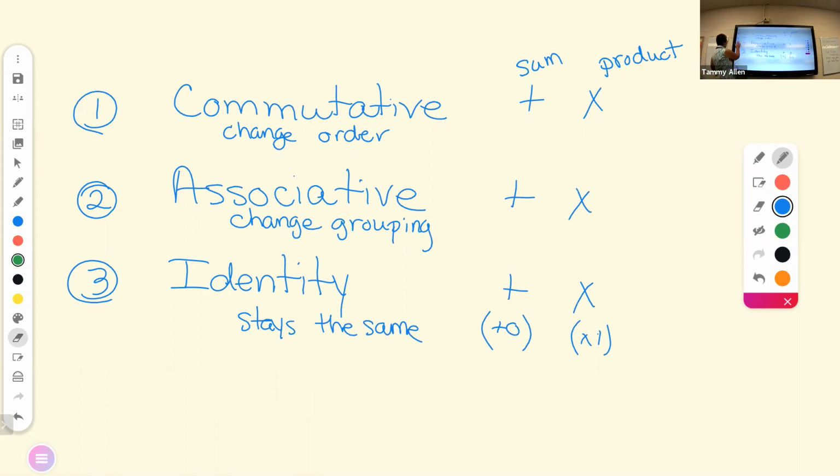How about this one? 21 times 1 equals 21. Show me with your fingers which property you think that is.